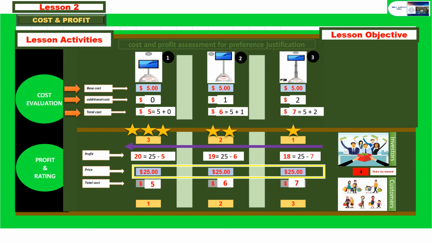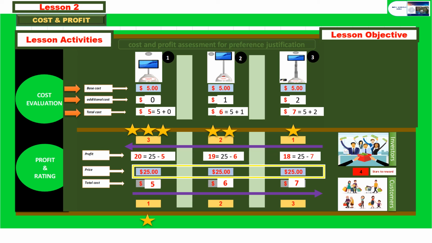Now let's see how customers rate their versions. For the version with the lowest cost, they are rating 1 star. Why? Because it is the least sophisticated. And because the prices are the same for those three versions, they will obviously pick the product that is more sophisticated at the same price.